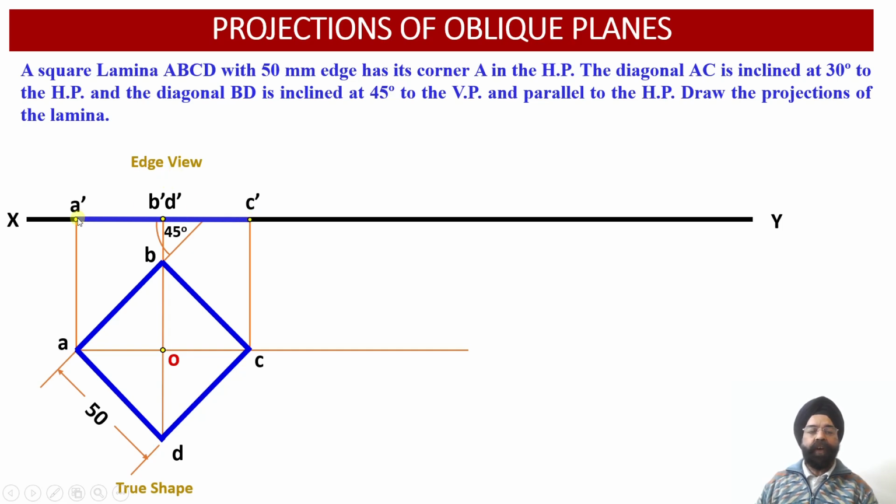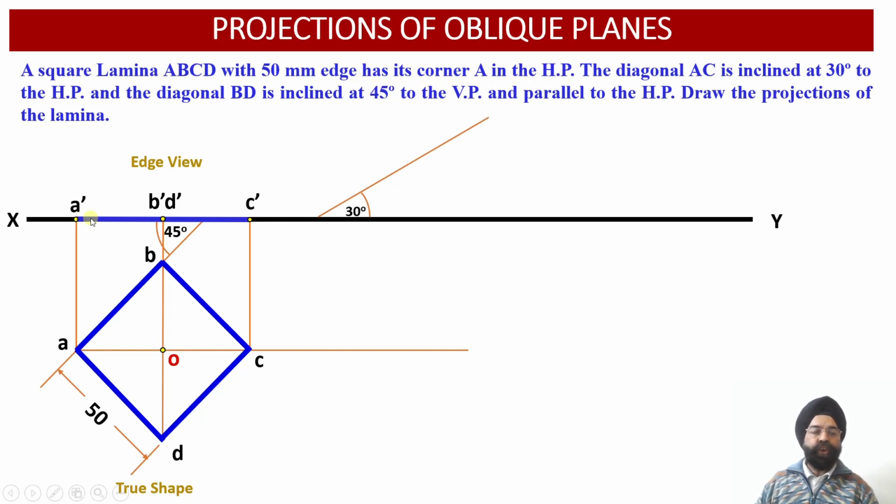So this surface of the lamina we are required to incline at an inclination of 30 degrees with respect to the horizontal plane, in such a way that this lamina should be resting onto the ground on the corner A over here. So it has got its corner A in the horizontal plane.